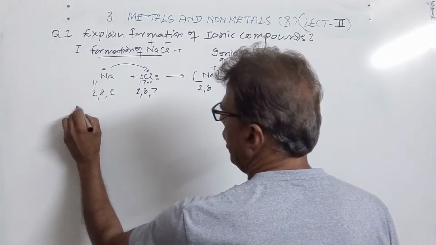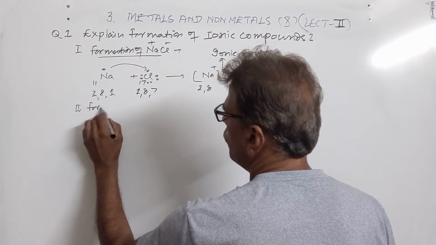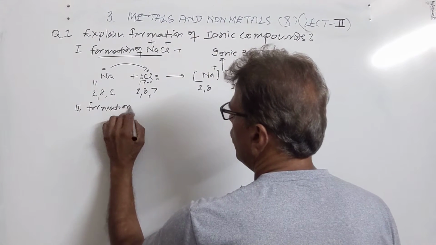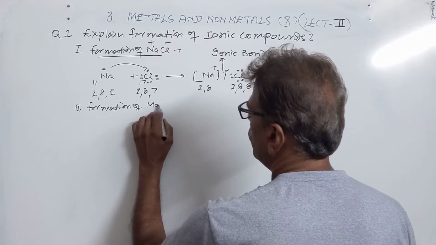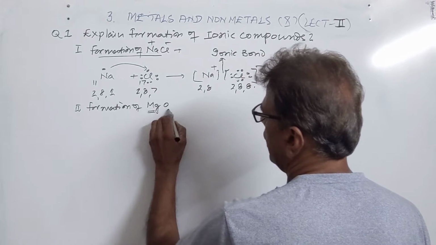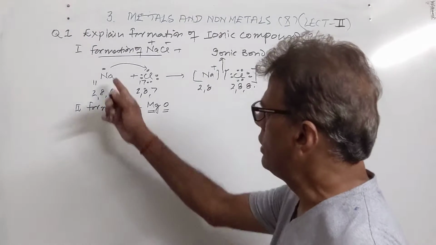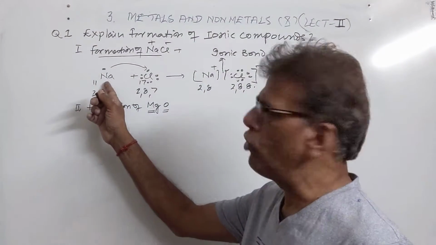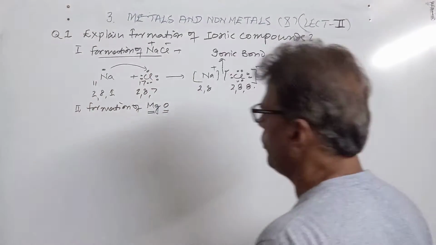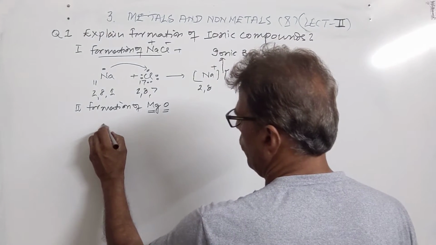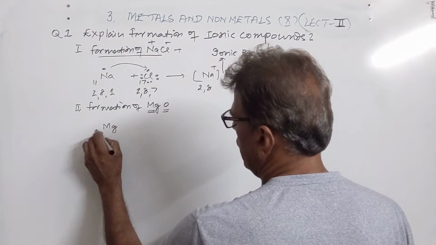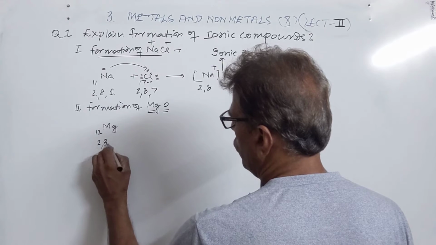Similarly, we can explain formation of MgO. Magnesium is a group 2 element, oxygen is a group 16 element, sodium is a group 1 element, and Cl is a group 17 element. Now the element of the second group has 2 electrons in addition to the noble gas core.